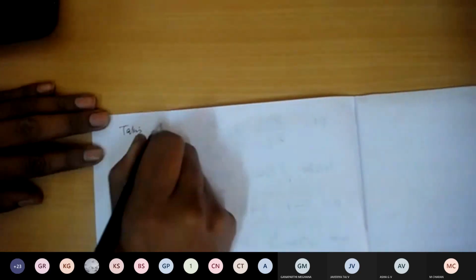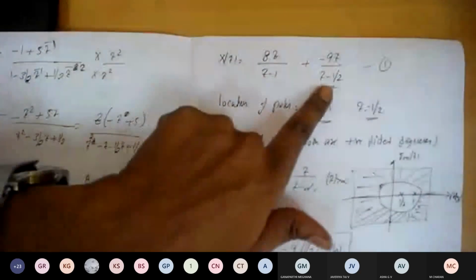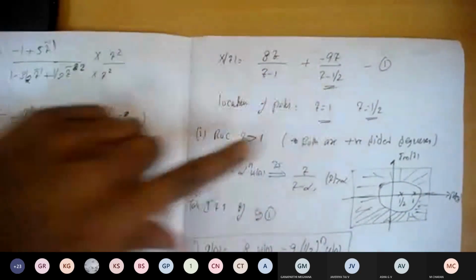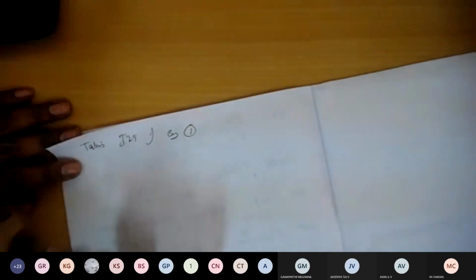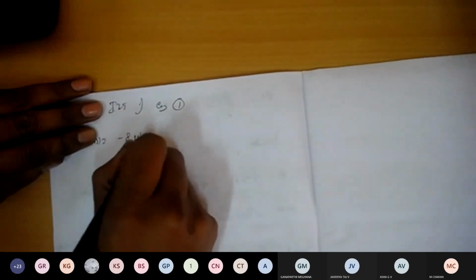So, taking the inverse Z transform of equation 1, this is a positive and this is a negative sided sequence. So we'll get x of n is equal to minus 8 into u of minus n minus 1.